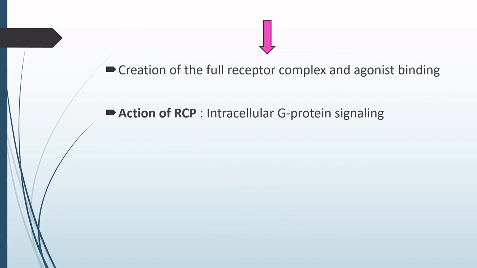After the formation of the heterodimer, there is the creation of the full receptor complex and ultimately the agonist binding. And what is the action of RCP? The RCP is the protein that is mainly involved in the intracellular G protein signaling.